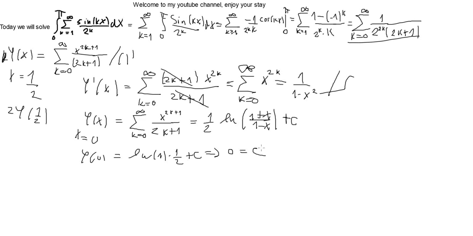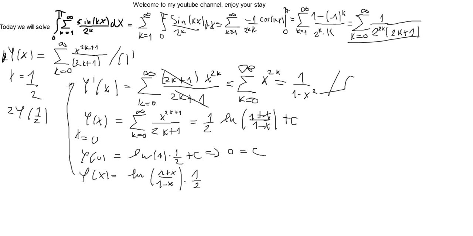So our constant is just 0. So we found out what our phi of x is. It's just 1/2 times ln of 1 plus x over 1 minus x.